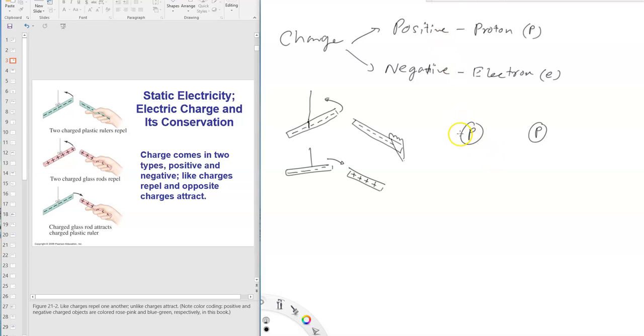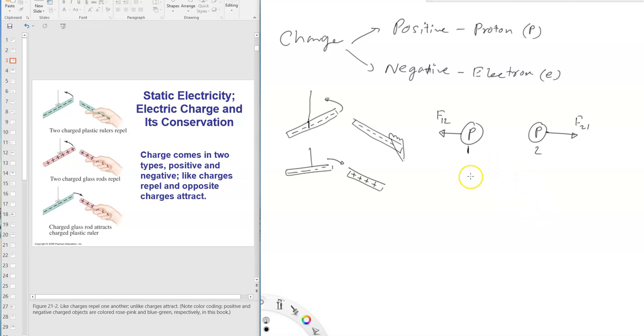Let's say proton 1 and proton 2: proton 2 is pushing proton 1 away. So we can say F12, force on 1 due to 2, is away from the second one. Same thing here: F21, force on 2 due to 1, is again away from the first proton. Equal charges repel each other.